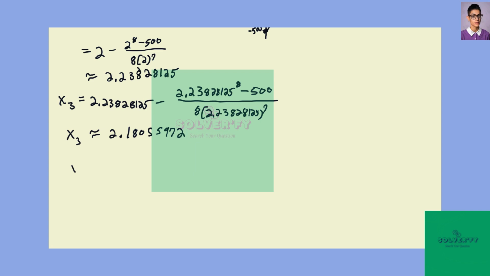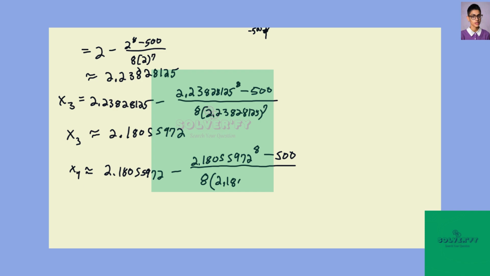Let's go on and find x sub 4, and we're looking to see where we get these two x values the same to 8 decimal places. That's when we can stop. So the fourth one would be 2.18055972 minus 2.18055972 to the 8th power minus 500 over 8 times that value raised to the 7th power.